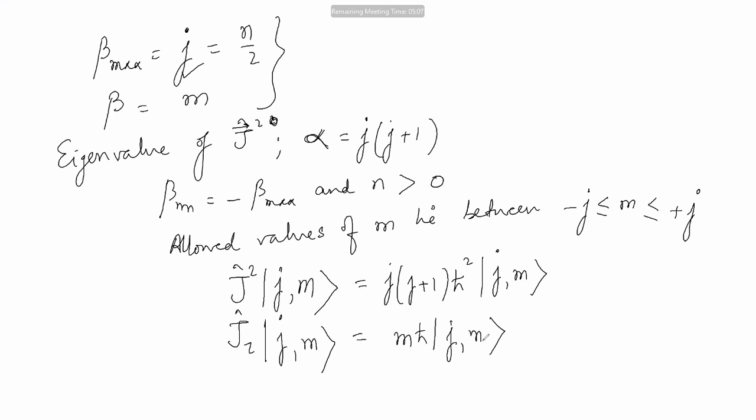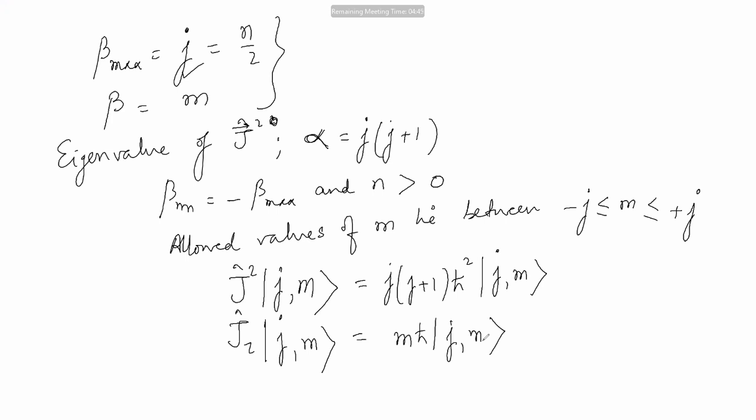This will be the joint eigenstate represented by jm, with the eigenvalue for j square as j times j plus 1 h cross square and eigenvalue for jz as m h cross.